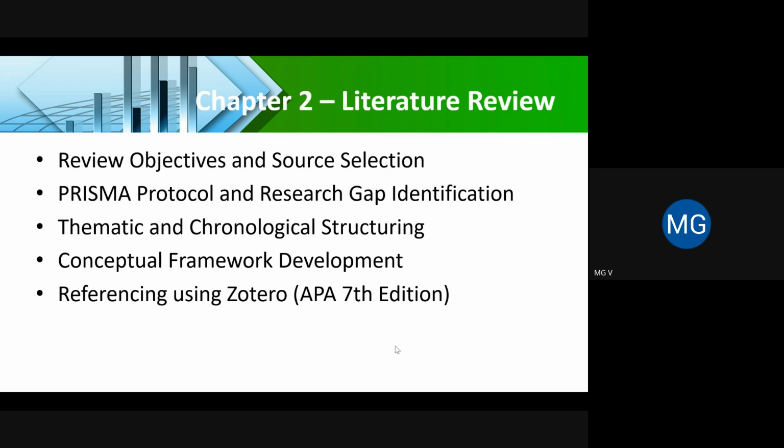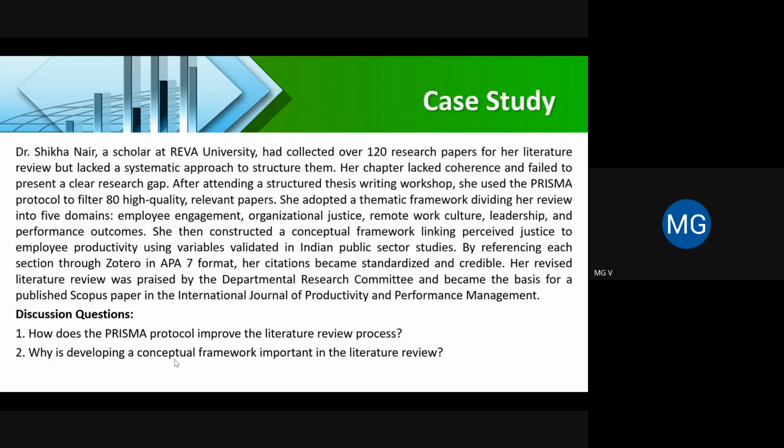This process not only strengthens scholarly grounding, but also ensures a structured thesis chapter that passes peer and DRC scrutiny. Now, what we are trying to say here, let us explore this further.